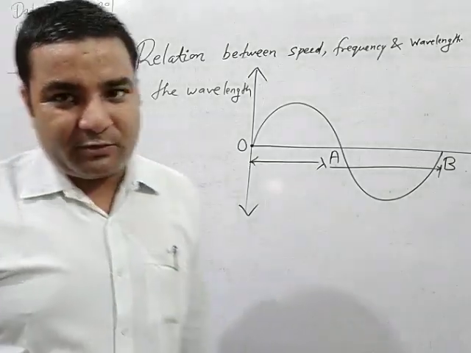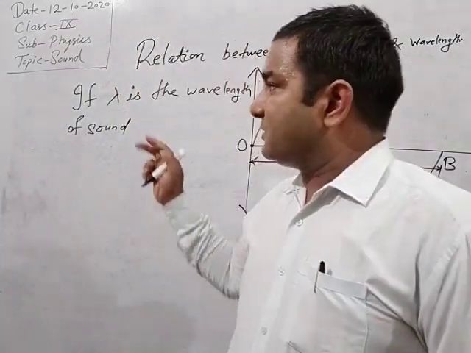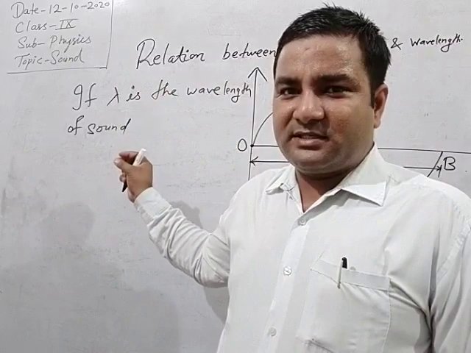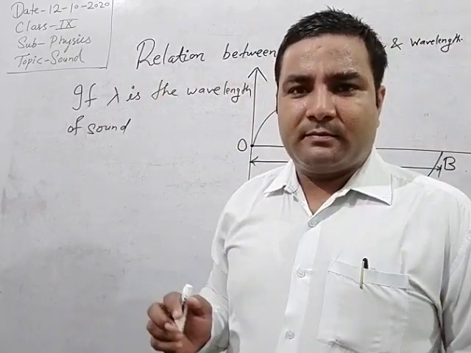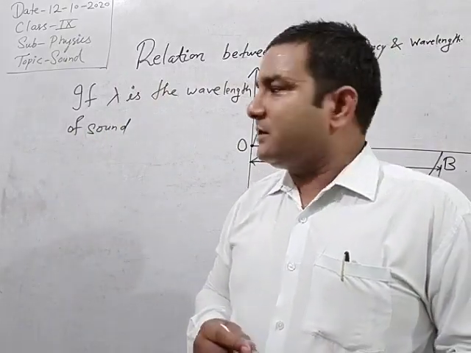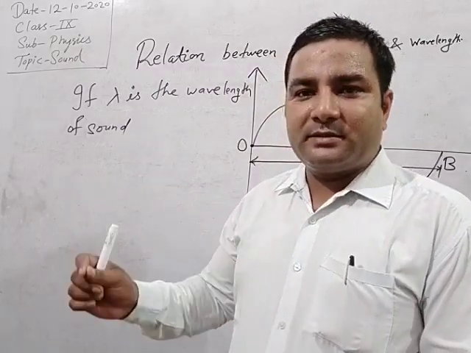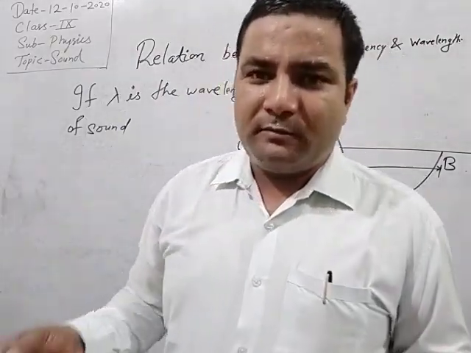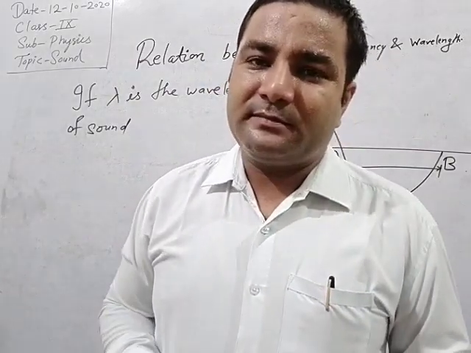Here I am speaking about sound because the chapter, or topic, sound is going on. And you can use this concept in any type of wave, because whenever a wave is going on, the concepts of wavelength, time period, frequency, amplitude, and phase will all apply.